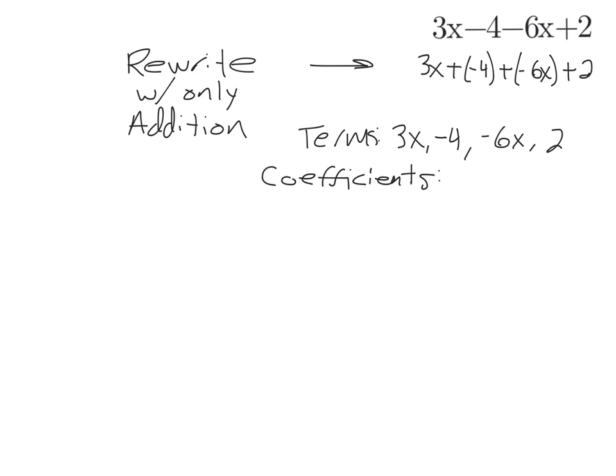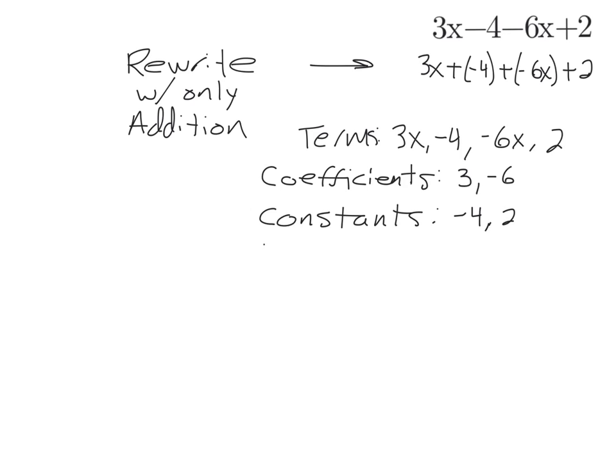So in this case I have 3x and I have negative 6x. So one of my coefficients is 3 because it's 3 times x. And my other coefficient is negative 6. I also want to identify my constants. And in this case I have two constants. I have negative 4 and I have 2. Those are my two terms with no variables.